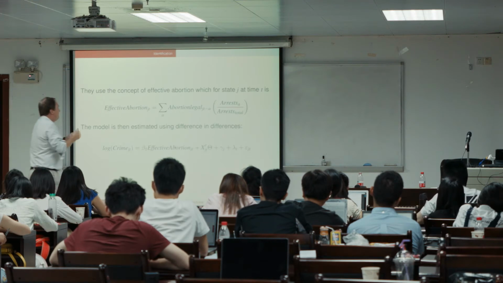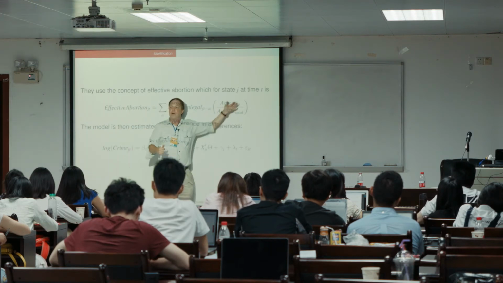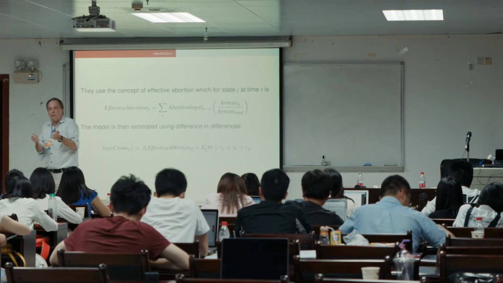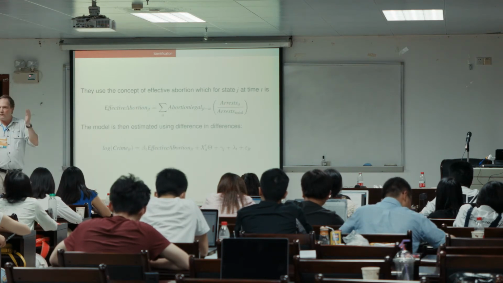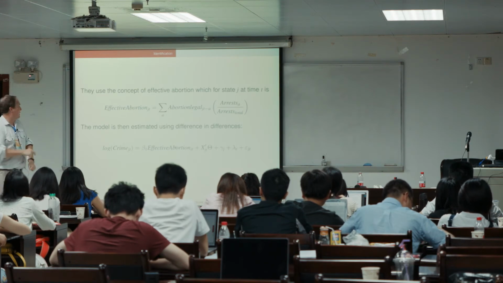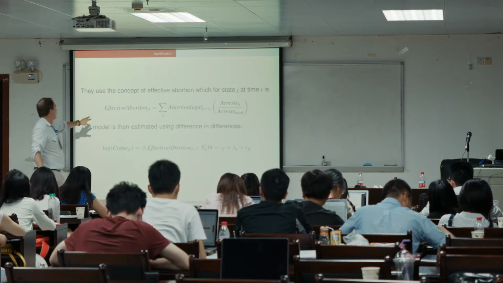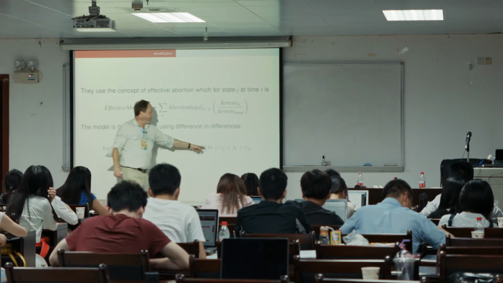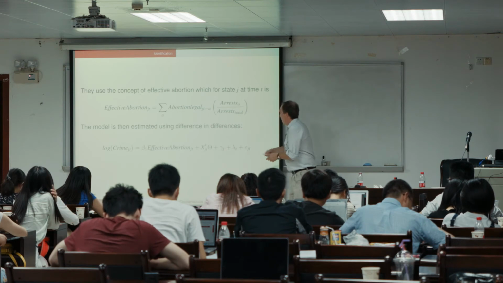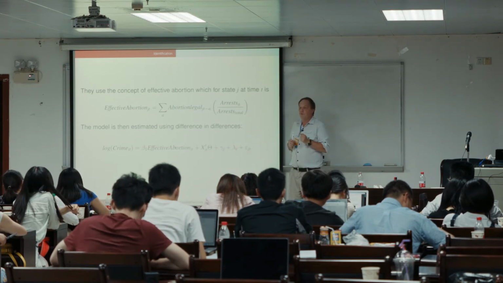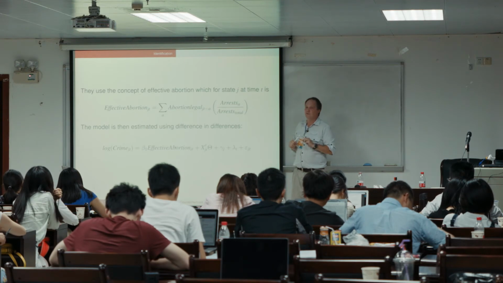Because it's not only 17, it's going to be a little bit different. 13-year-olds do not commit crimes at really high rates, 16-year-olds commit crimes at very high rates, so it spikes up pretty quickly. So they're going to use this effective abortion rate. That's going to be their treatment. They're going to have a bunch of X's they can put in the model. They're going to put in state dummies and time dummies, and this is an example of difference in differences. Okay, does this make sense?